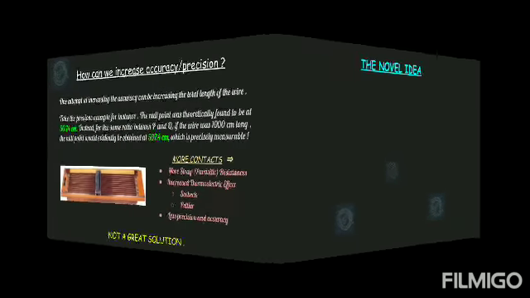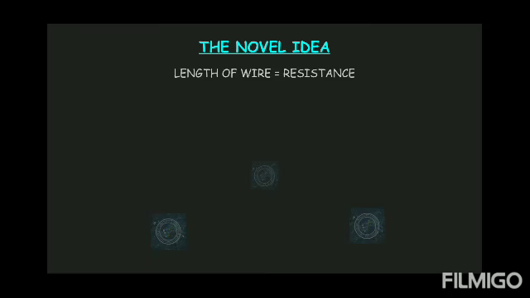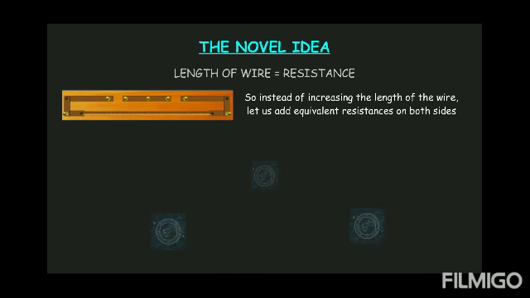The point is, before that fifth wire there were 4 more wires, and after that fifth wire there were 5 more wires, and all those wires were equivalent to a resistance. So instead of using all that length, if I just put an equivalent resistance to the right side and to the left side and put a 1 meter wire in the middle, isn't that really equivalent to the 10 meter wire?